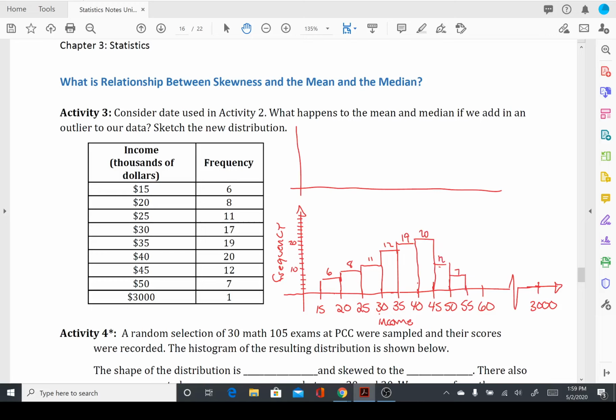And then I've got one way out here. Now, previously, my mean and median were much closer together. What I want to see is how the mean and median will be different in this histogram. The median and then the mean of this set of data.